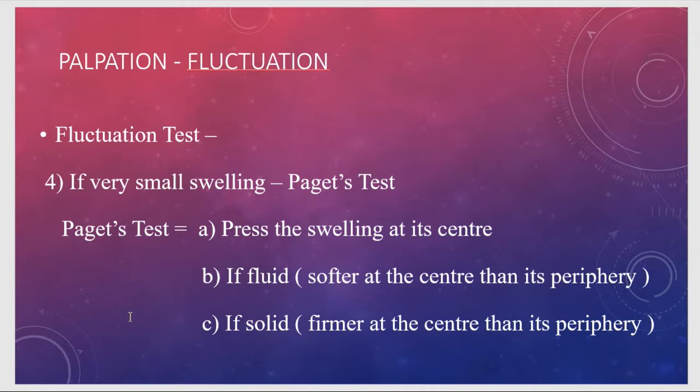If the swelling is containing fluid and we are pressing the swelling at its center, we can feel the fluctuation. And in this case, the swelling will be softer at the center than its periphery. That is cystic in Paget's test. Whereas if the swelling is solid, it will be firmer at the center than its periphery.